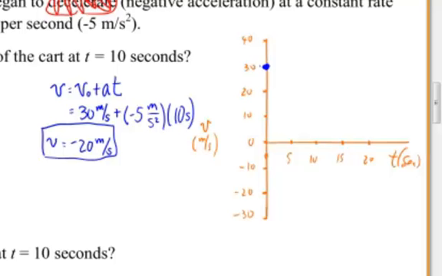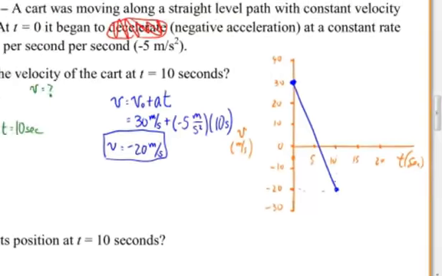My acceleration is constant. It's a slope of negative 5. At 10 seconds, my velocity was negative 20 meters per second. So 10 seconds down here, negative 20 meters per second down here. And so I'm going to have a line that looks like this. There's a velocity versus time graph of this particular motion.